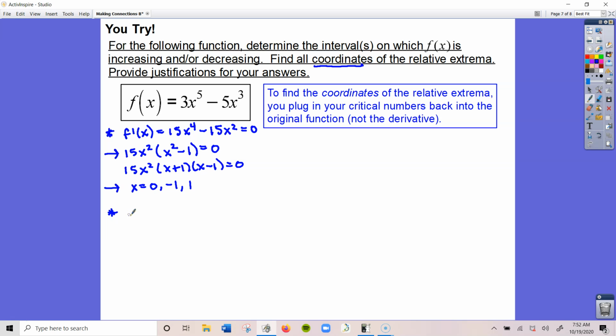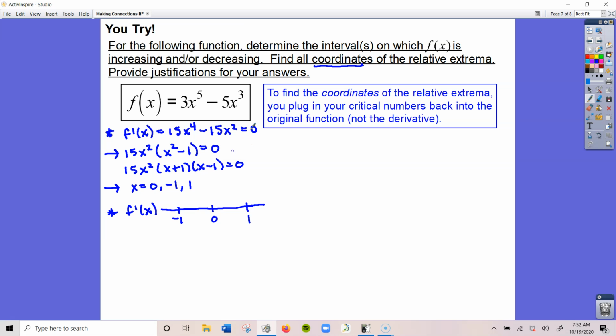Now I'm ready to create my number line. I'm going to put all of my critical numbers, so negative 1, 0, and 1. And now I'm going to pick test values in between all of these intervals to plug into my derivative.